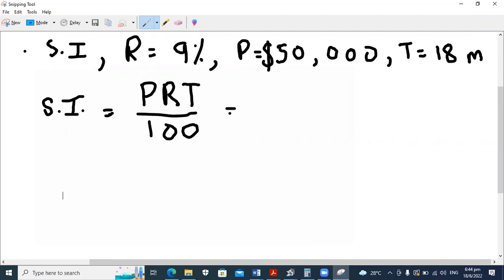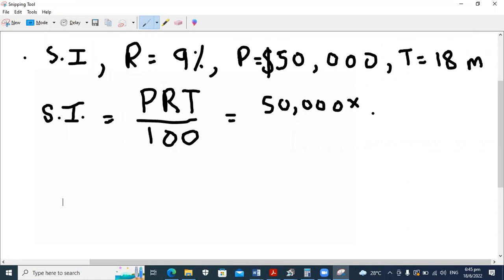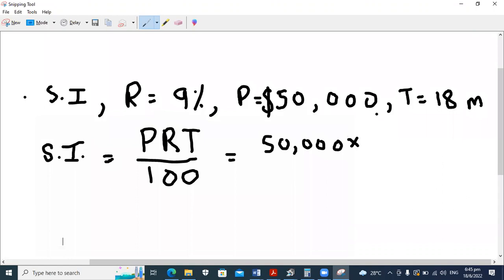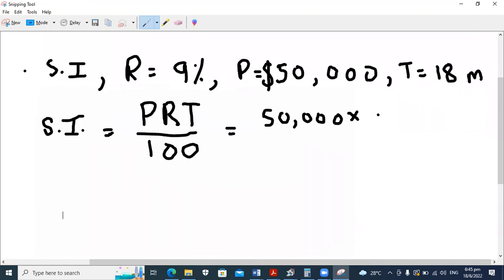So the principal is 50,000. The question says what would have been the simple interest? I was just discussing the question.